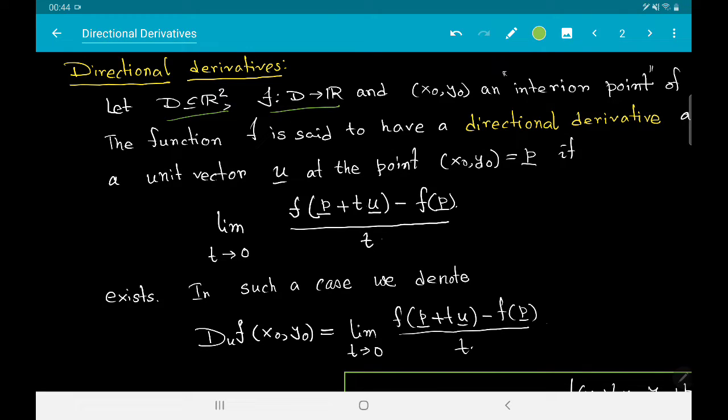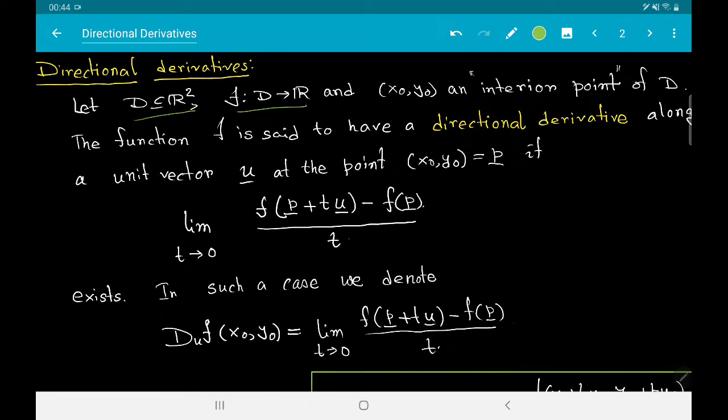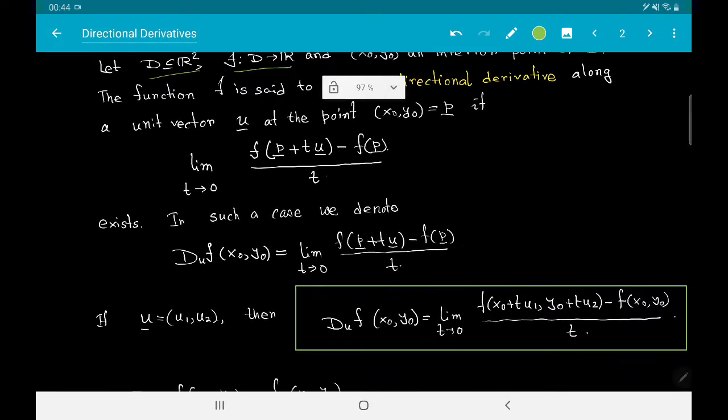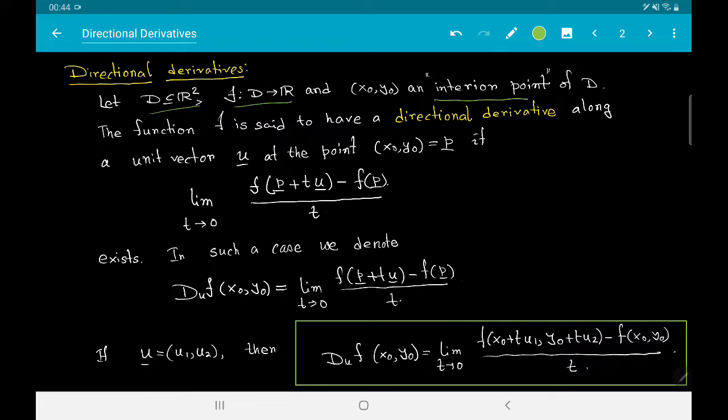So f is a function from D to R, and for the time being, let us say that (x0, y0) is an interior point of D. As with partial derivatives, we do not need the full power of interior point here. I am going to talk about it in just a moment, but let me assume for the time being that this is an interior point, and let me go ahead by giving you the proper definition.